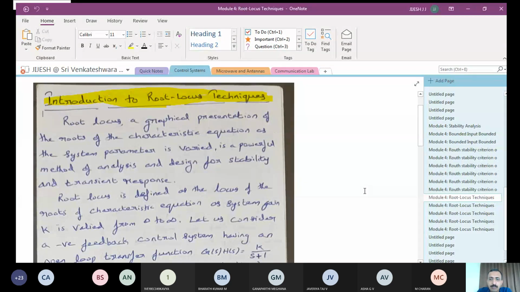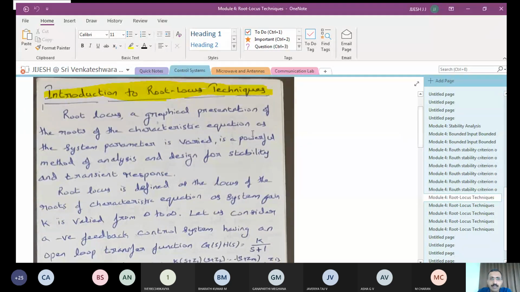Either it can be root stability criteria or root locus techniques or whatever different methodologies are available in order to find the stability of the system. So all of you can just note down this: introduction to root locus techniques.